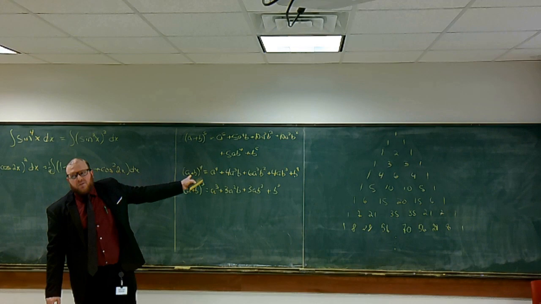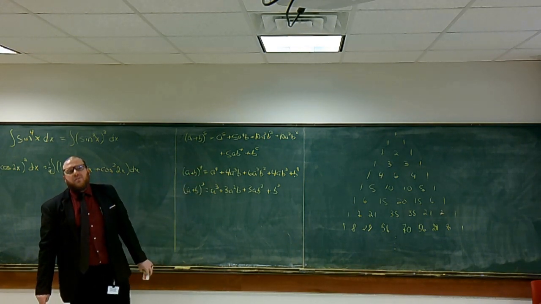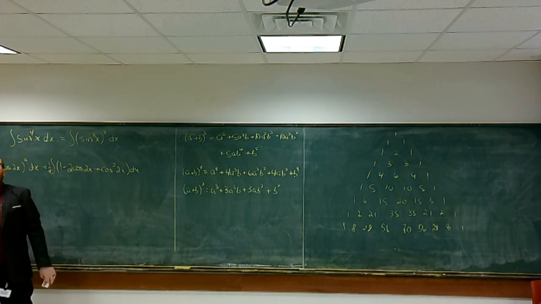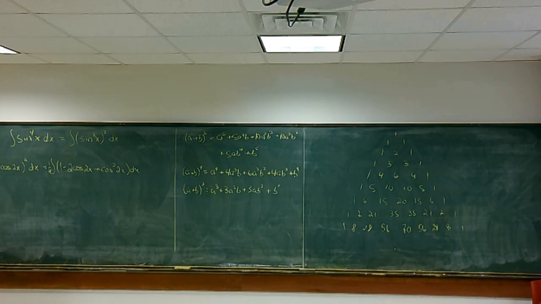Look at the expansions. Look at Pascal's triangle. Fifth power coefficients: 1, 5, 10, 10, 5, 1. Look at the fifth row of Pascal's triangle.